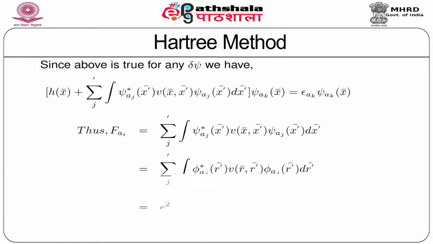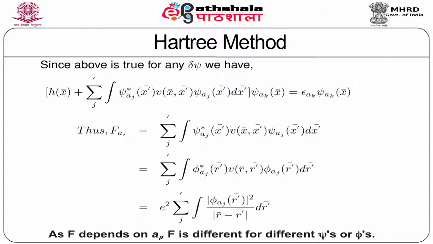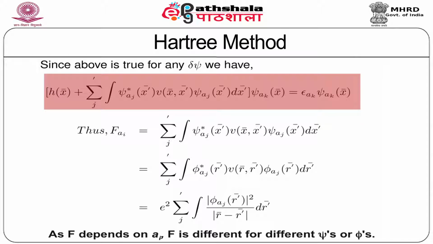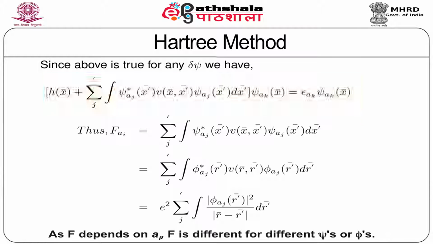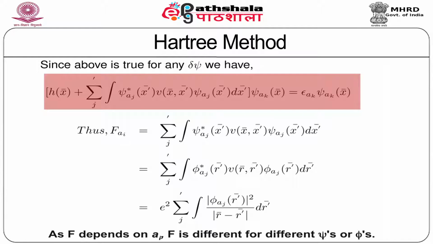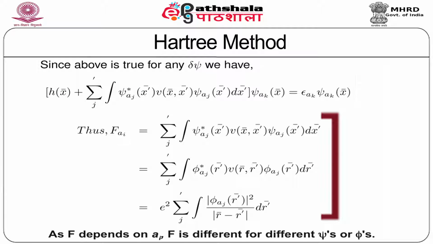Since the above is true for any variation of the little psi, we have the following equation, by setting the term inside the bracket in the previous slide equal to 0, given by the first line in this slide. This gives us the form of f, which is shown here in these three subsequent equations, just expanding a bit on the form of this psi and phi.